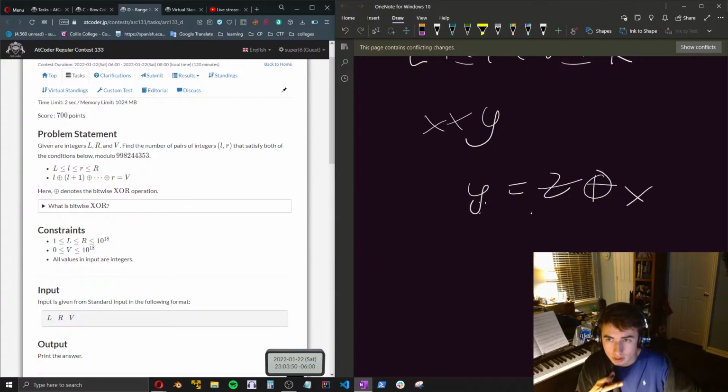Will it be continuous? Well, it should be continuous. Is it continuous? Think. Is it a continuous range?